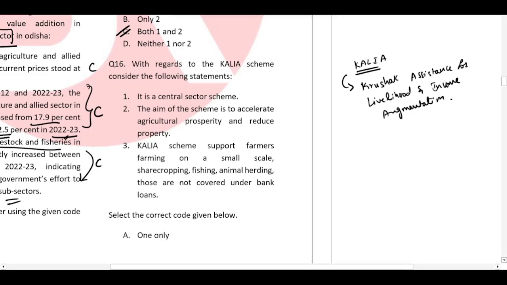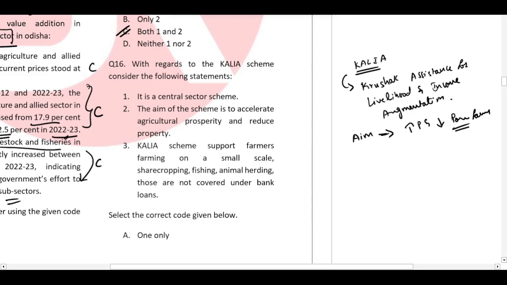So Kalia means Krushak assistance for livelihood and income augmentation. So the aim of this scheme is the Odisha government wanted to increase the agricultural prosperity and reduce the poverty among the farmers. So that is why this scheme was started.